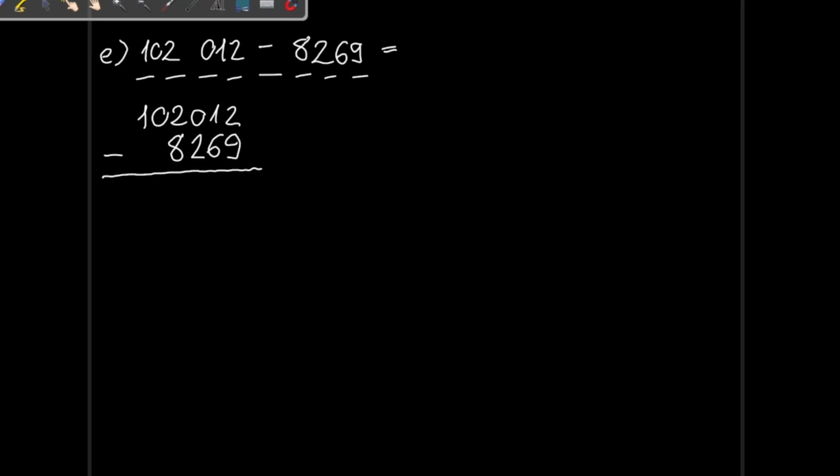Okay, 9 plus what is 12? That's 3. We add 1 here. 7 plus what is 11? That's 4. We add 1 here. 3 plus what is 10? That's 7. We add 1 here. 9 plus what is 12? That's 3. We add 1 here. 1 plus what is 10?